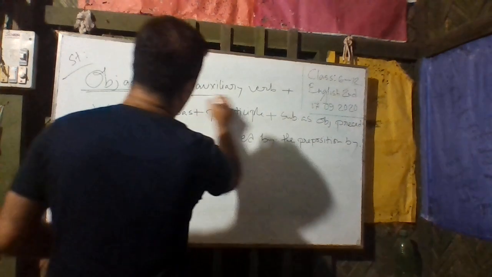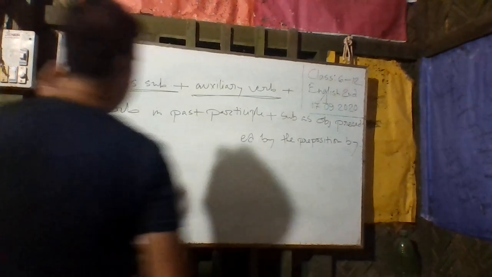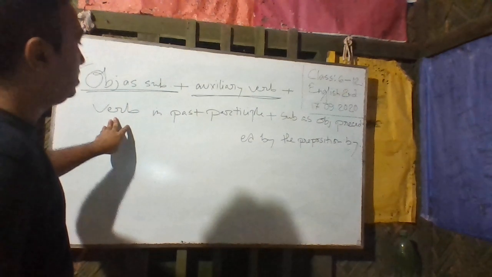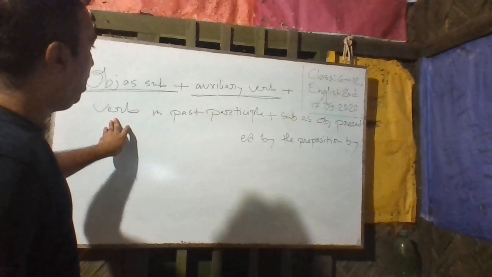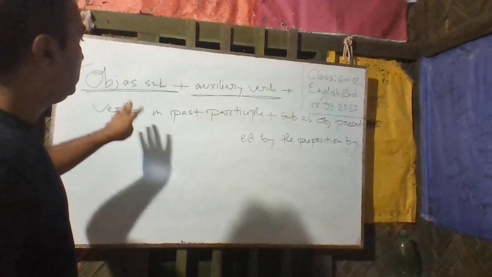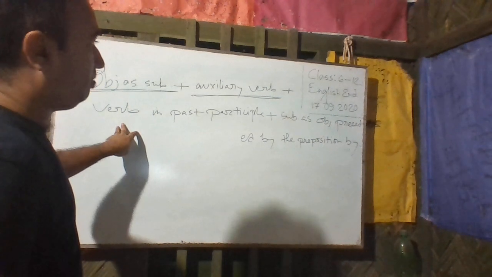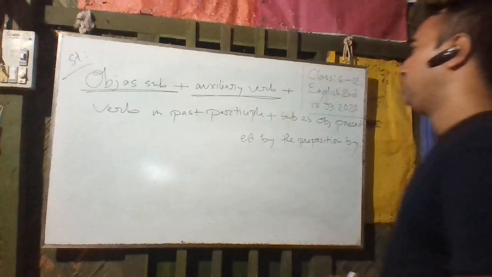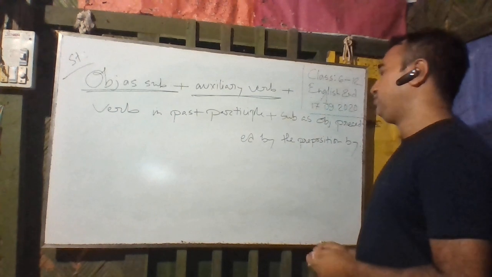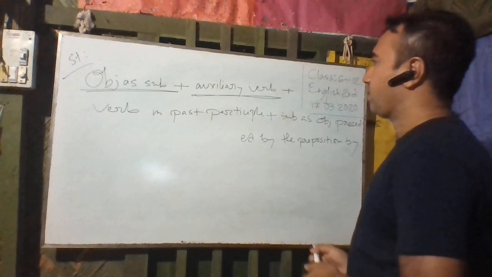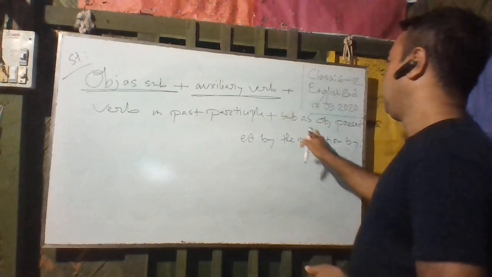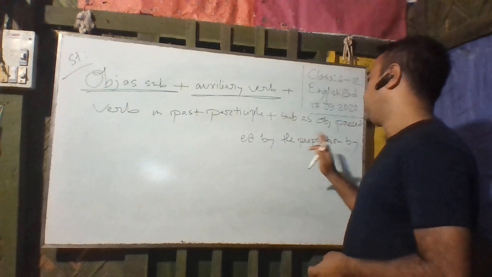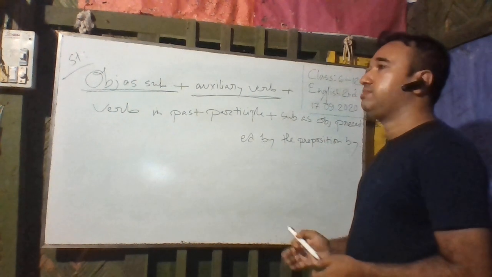Then you have to put the auxiliary verb according to the tense, and then you have to put the verb of the active sentence in its past participle form. Then you have to put the subject of the active voice as the object of the passive voice, preceded by the preposition by.